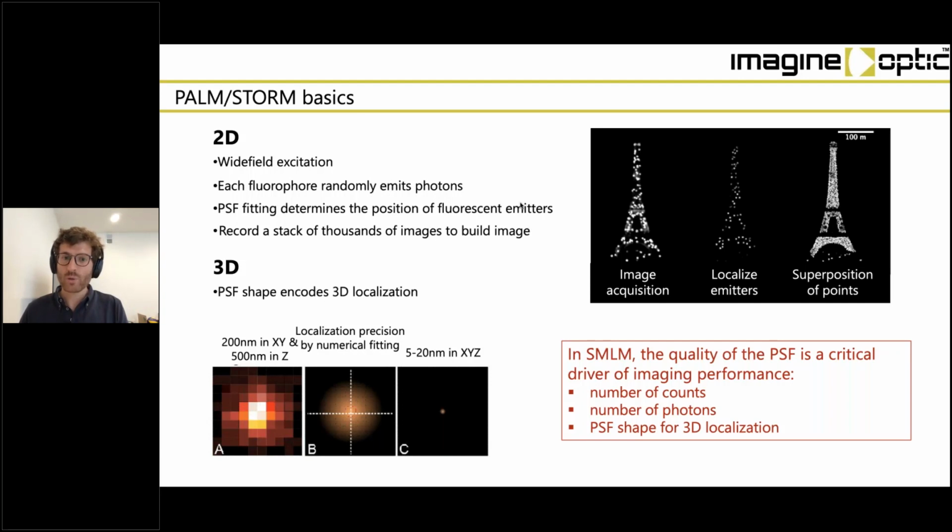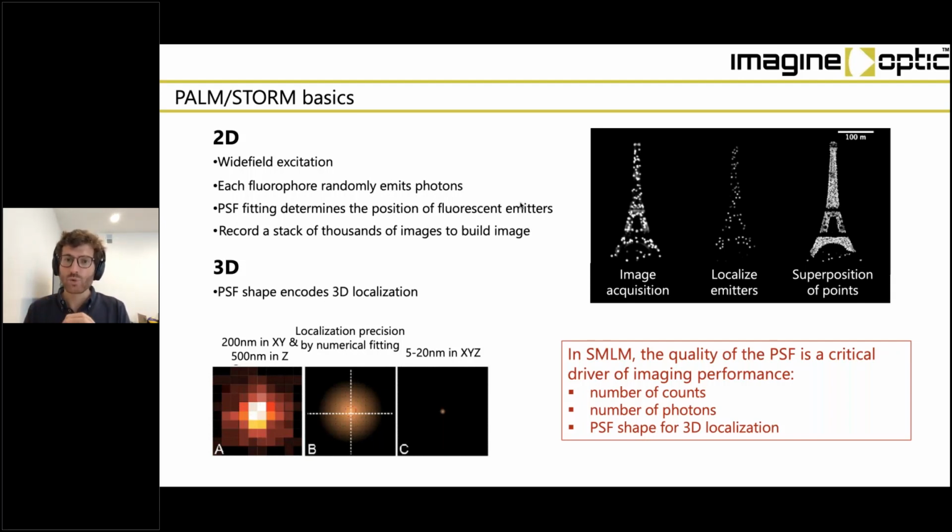And so the way it works is we're not forming an image with a single frame. We actually need thousands of frames, and on each frame we will capture some fluorophores that blinked, and that will be off on the next frame, for instance, and we will fit the single fluorophores using a model, whether it's a Gaussian model or an astigmatic model or other PSF.